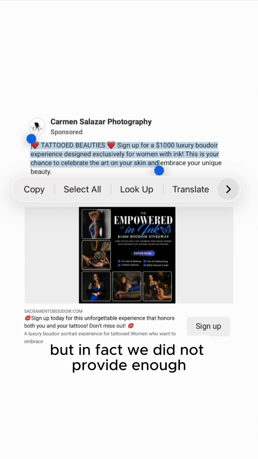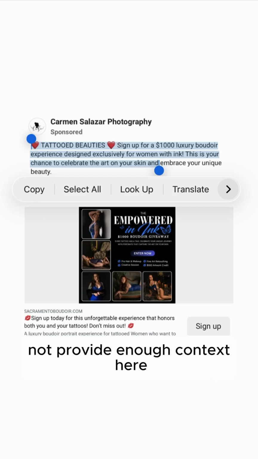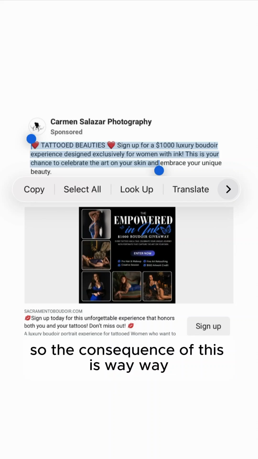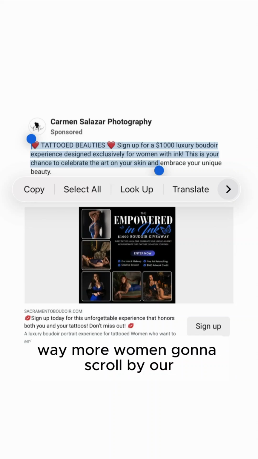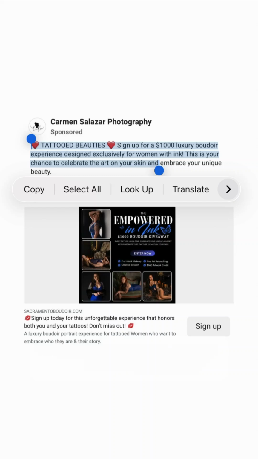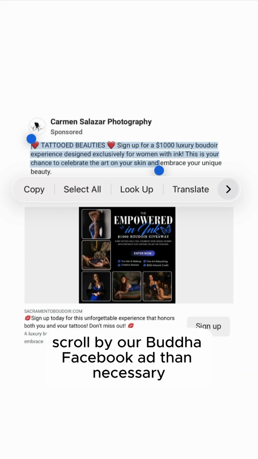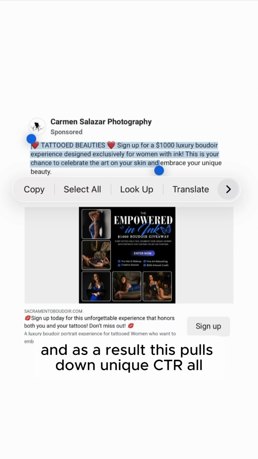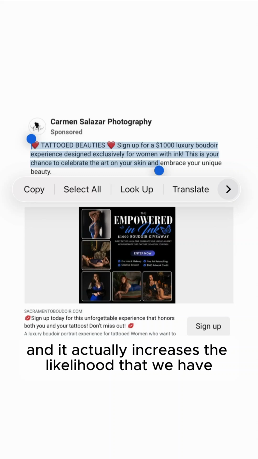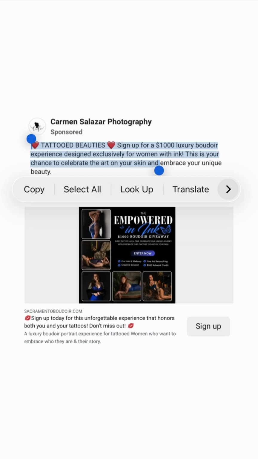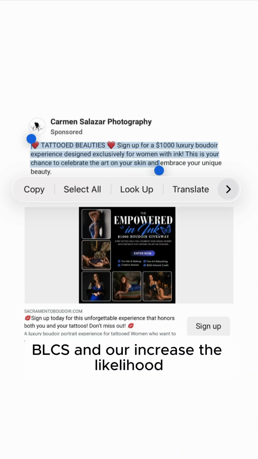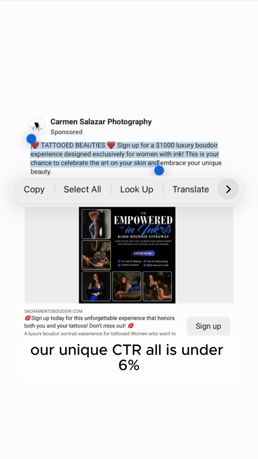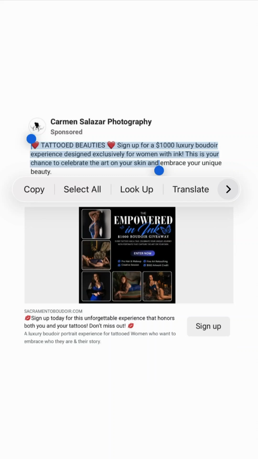But in fact, we did not provide enough context here. So the consequence of this is way more women scroll by our Boudoir Facebook ad than necessary. And as a result, this pulls down unique CTR and increases the likelihood that our unique CTR is under 6%.